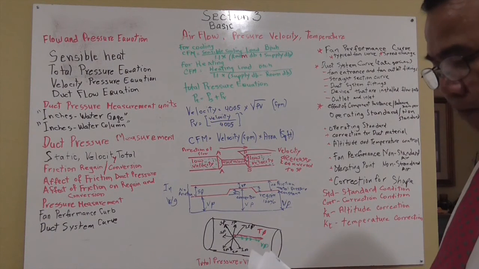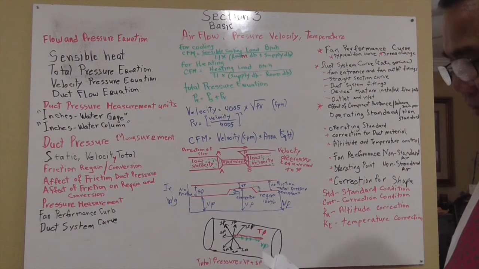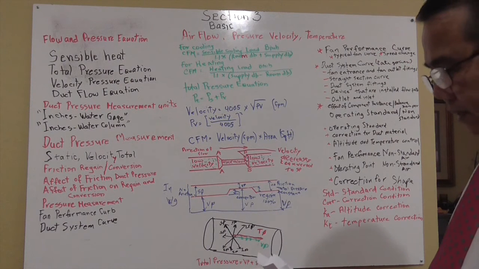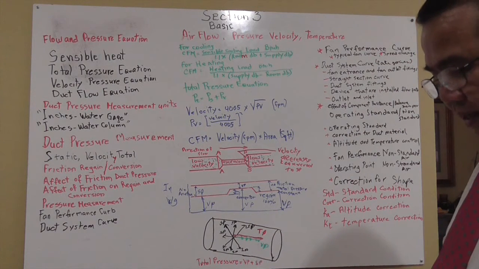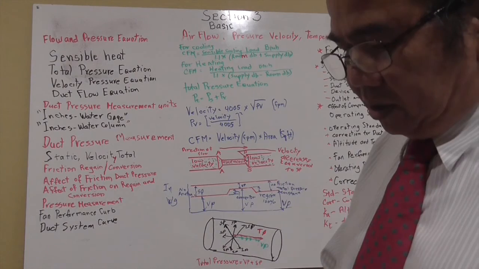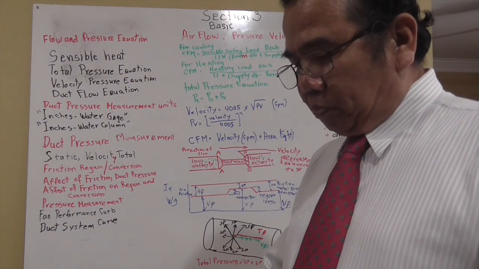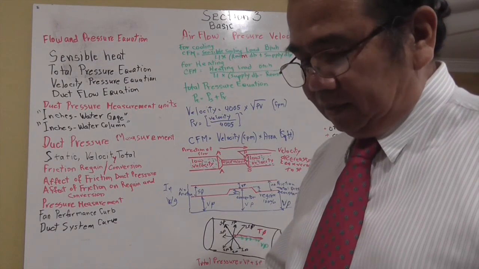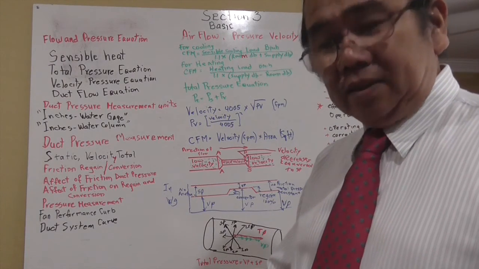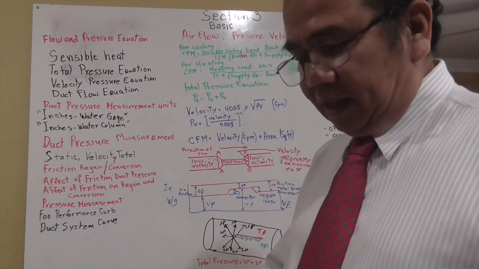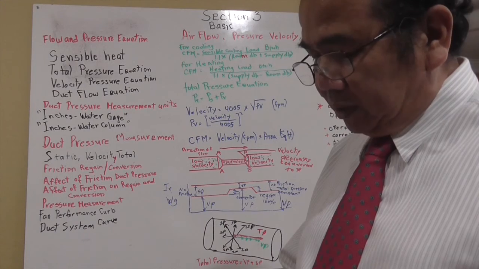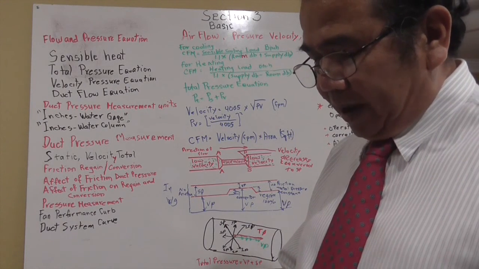Okay? The performance curve: the CFM that is delivered by a fan will depend upon the resistance it is working against. This resistance is provided by the duct run, fittings, and by any devices or components that are installed in the airflow path.